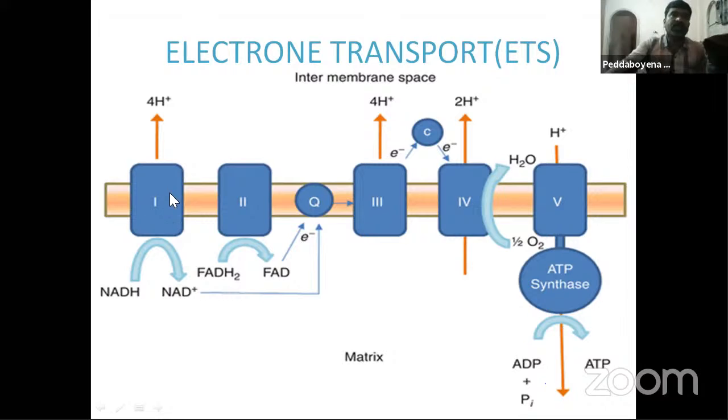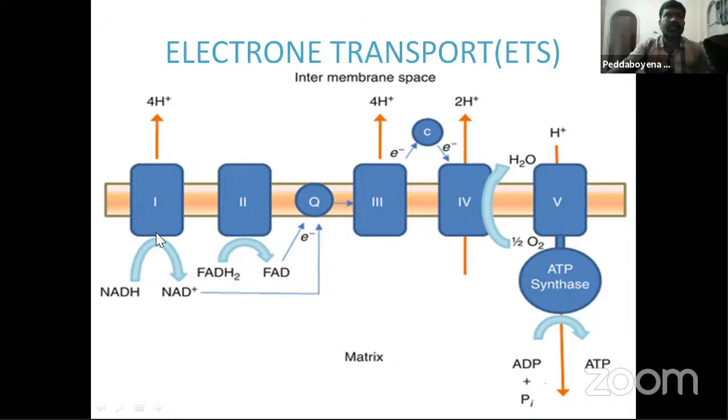Here, 2 electrons from each NADH, generated in the mitochondrial matrix from oxidative decarboxylation of pyruvic acid and the Krebs cycle, are transferred to the prosthetic group, which is FMN.